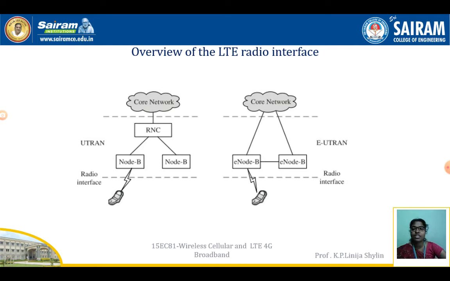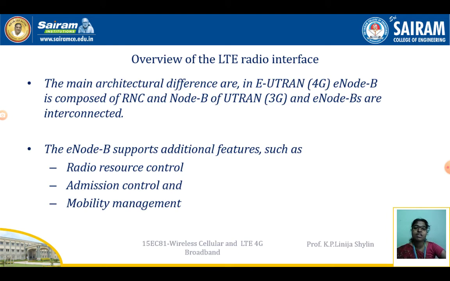Here we can see the architecture of UTRAN as well as EUTRAN. If you see the UTRAN, it consists of RNC and Node B along with the user equipment. But in EUTRAN, there is only the E Node B along with the user equipment. The main difference in architecture is that in EUTRAN 4G, the E Node B is composed of the RNC and Node B of UTRAN 3G, and E Node Bs are interconnected.